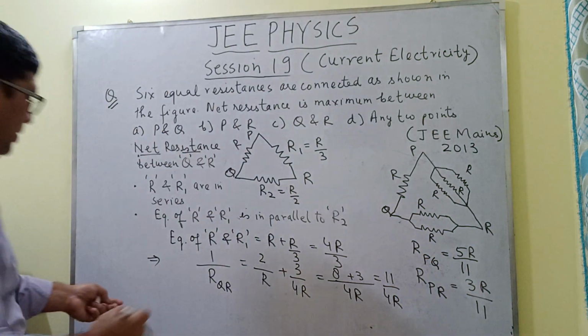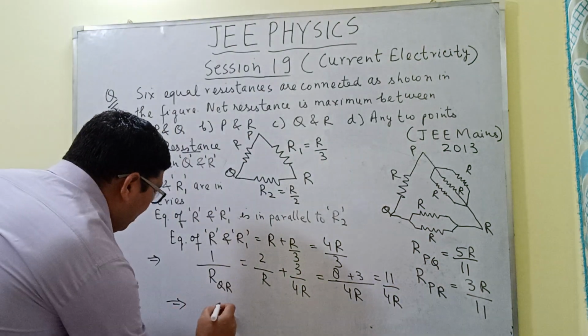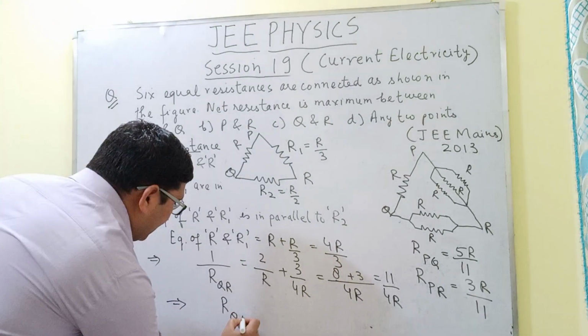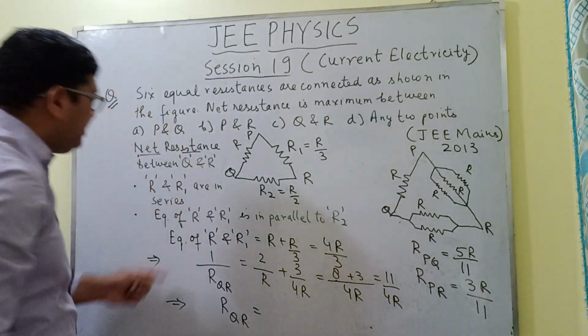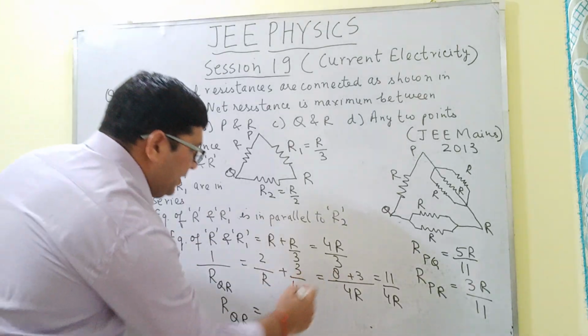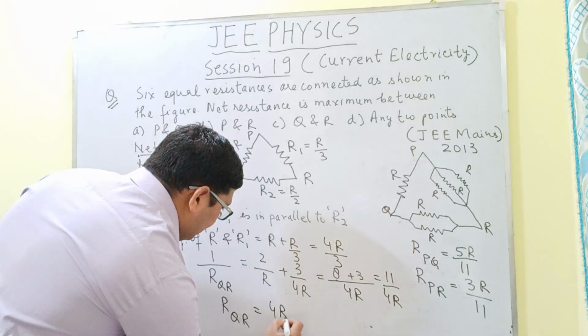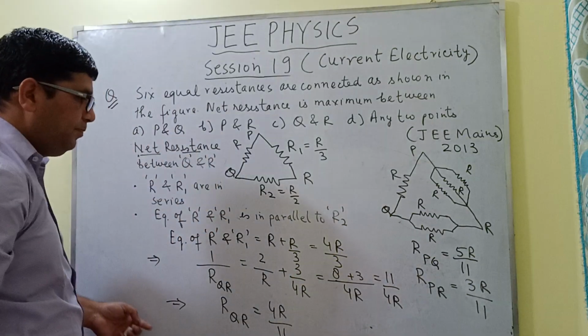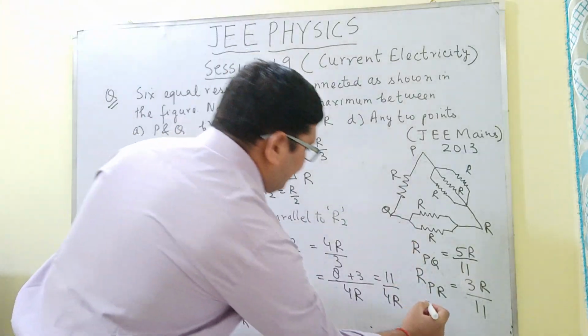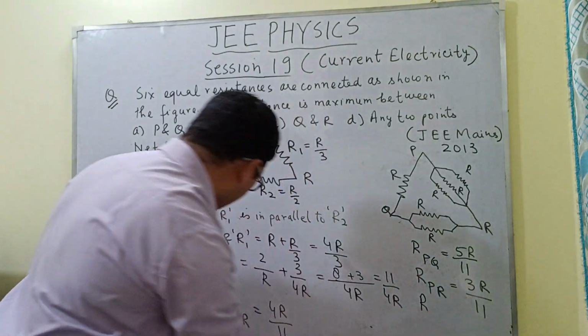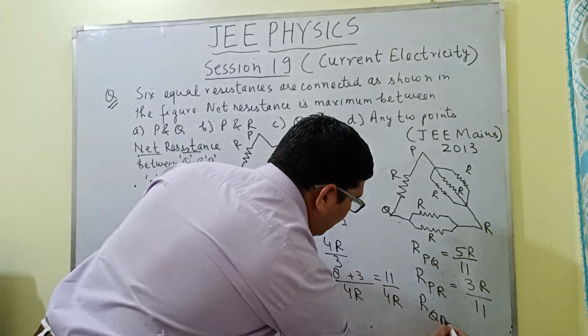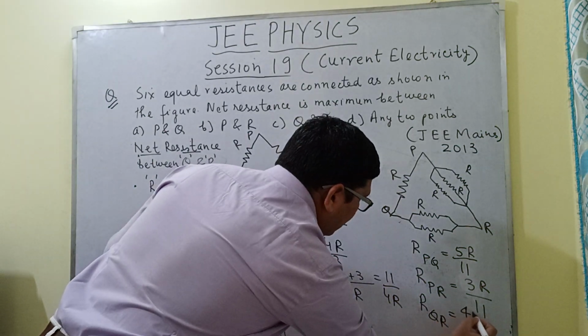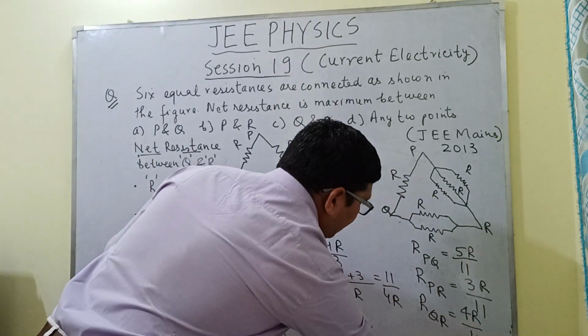So RQR, the net resistance between the points Q and R, will be equal to 4R divided by 11.